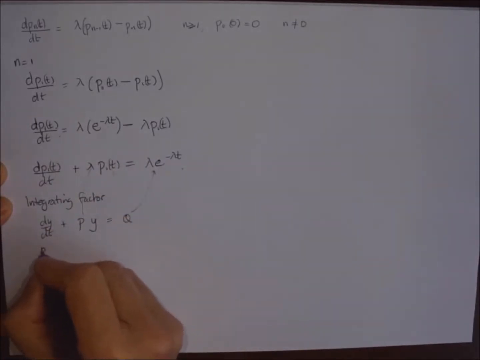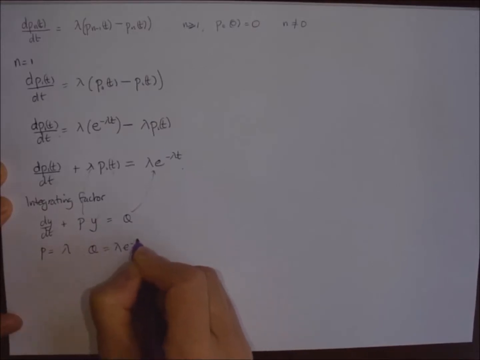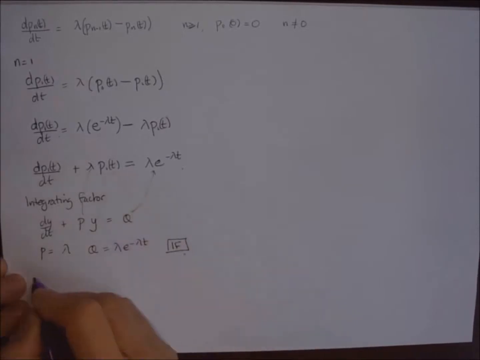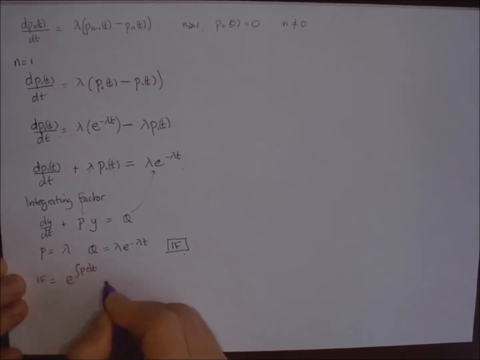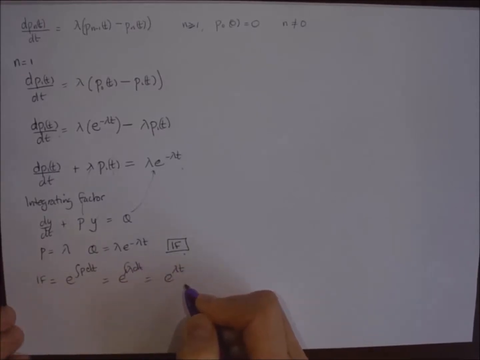So we can say p equals lambda, q equals lambda e to the minus lambda t. These are for the integrating factor method. Okay, that means the integrating factor is equal to e to the integration of p dt. So that's going to be e to the integral of lambda dt, which is equal to e to the lambda t. We'll leave the plus c till later.